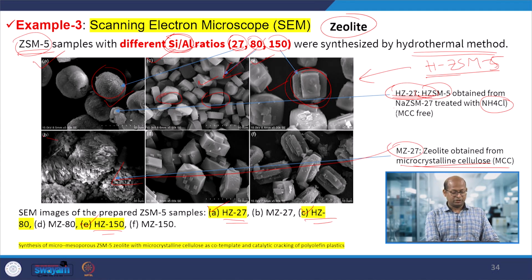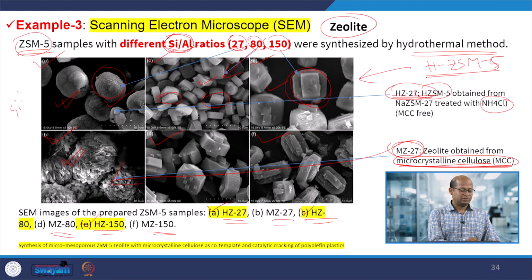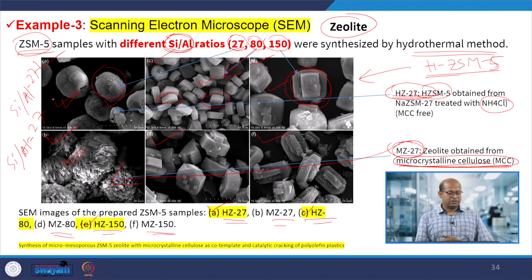The bottom three are MZ27, MZ80 and MZ150. Here also the silica alumina ratios of 27, 80 and 150 were maintained, and the material was started using microcrystalline cellulose, so the sources are different. Therefore the structure is also different. Here the silica alumina ratio is 27, and here also 27, but the structure is different. Here also 27 was kept, but the structural features are different.